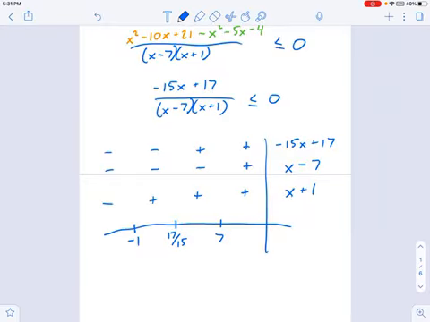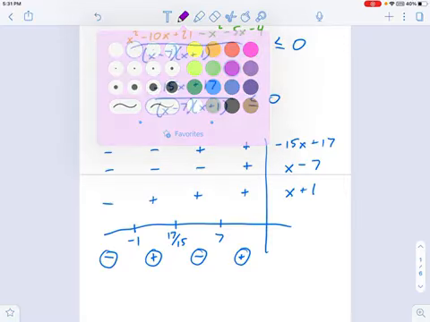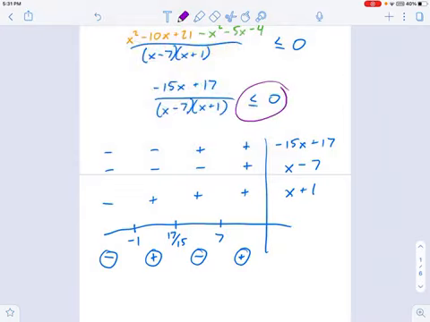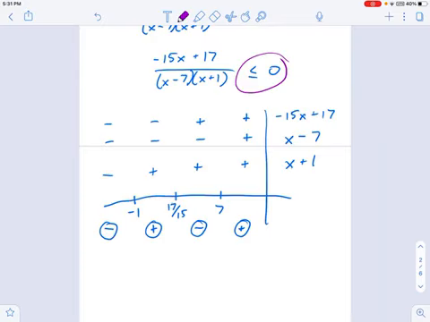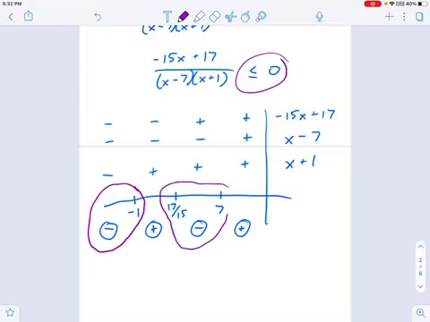Okay, so now you run down with multiplication and you figure out what the total is. 3 negatives makes a negative, 2 negatives makes a positive, 1 negative makes a negative, 3 positives makes a positive. And what did we want with this? Well, we wanted less than or equal to 0. So find the places where it's negative or equal to 0. It's going to be right here. And or equal to 0 means we're including these x-intercepts.